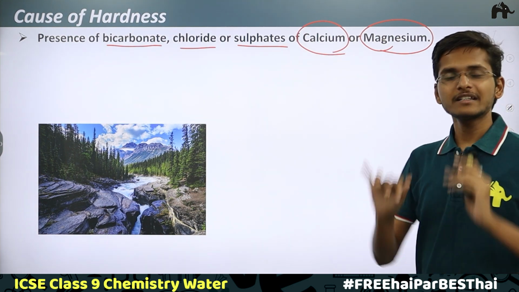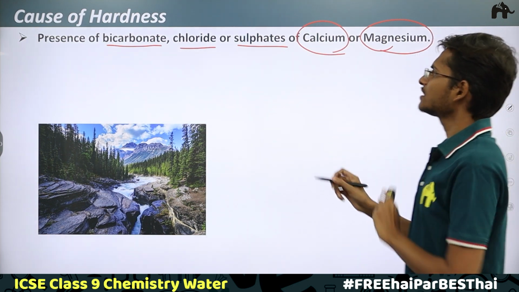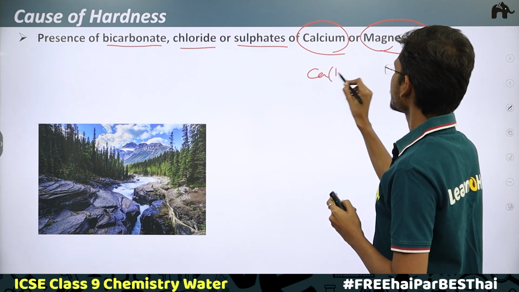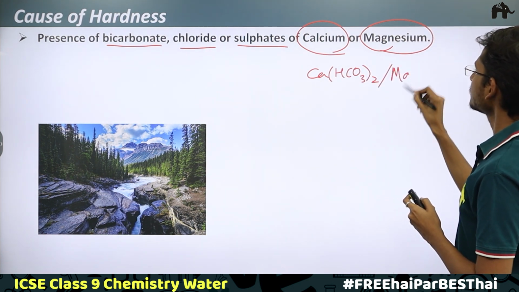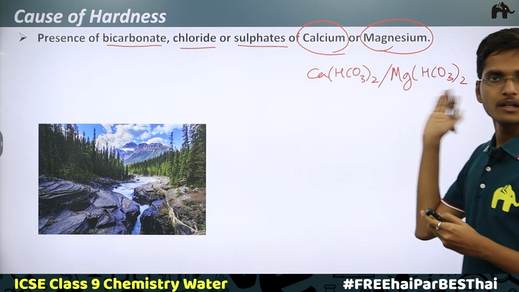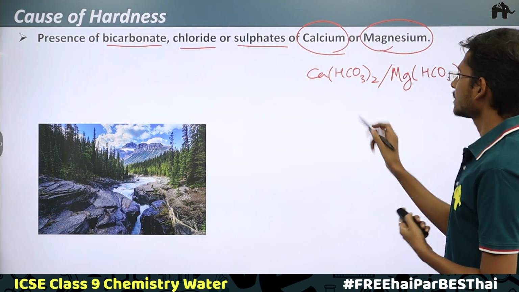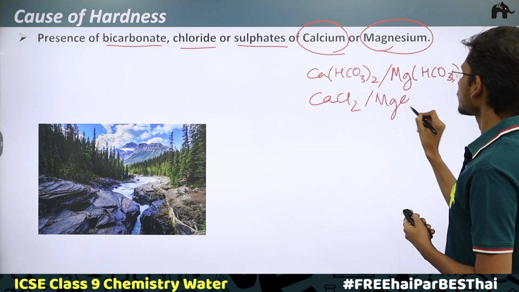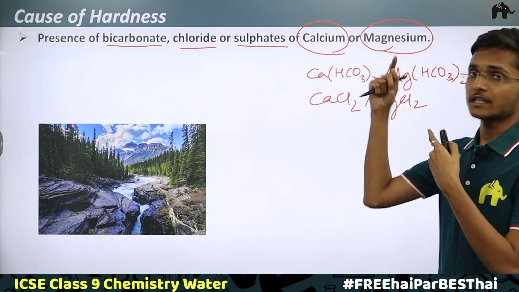This means that this water, which we call hard water, consists of either calcium bicarbonate or magnesium bicarbonate, these two salts, or calcium chloride or magnesium chloride. So if any one of these four salts is present, then the water is hard.